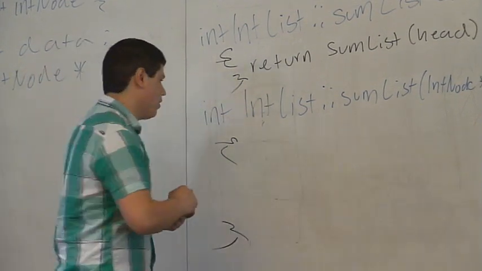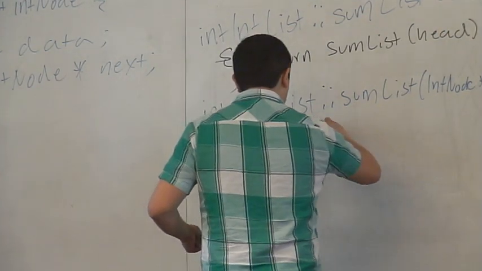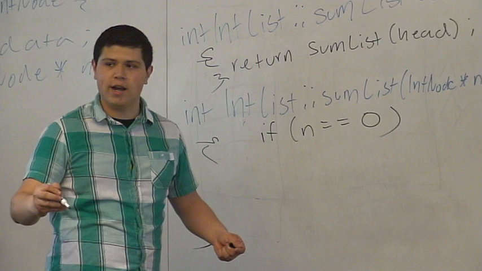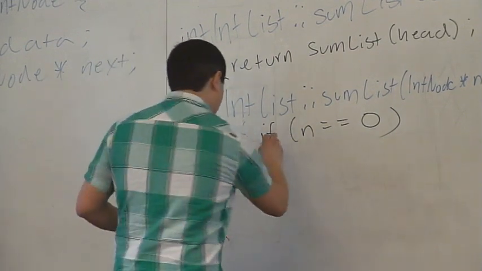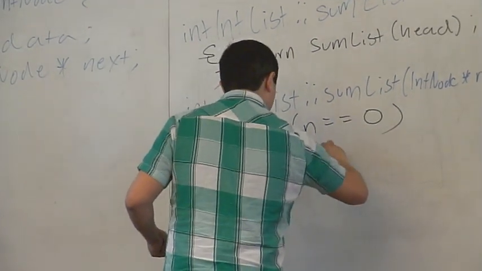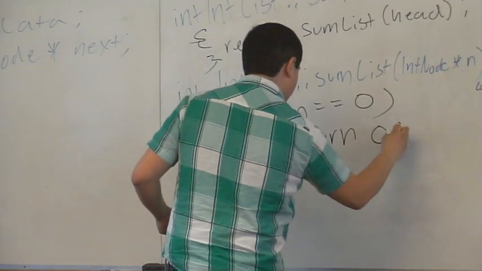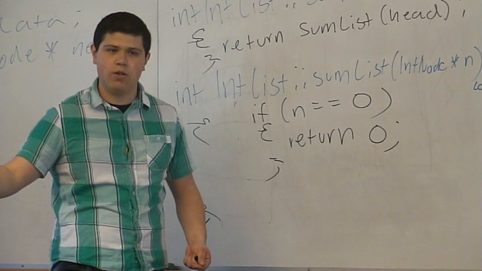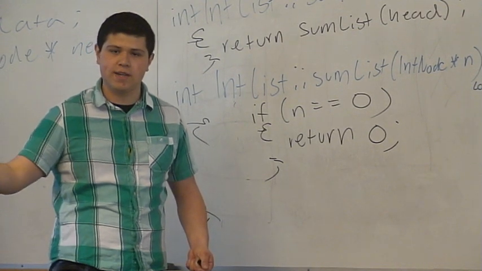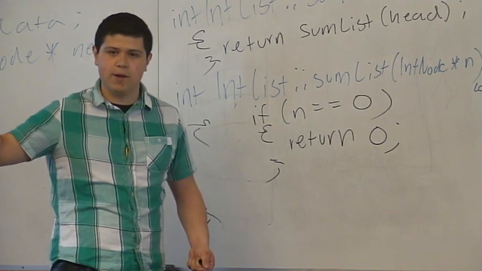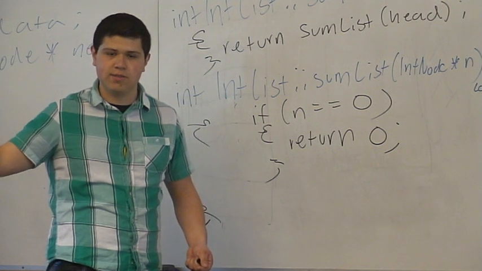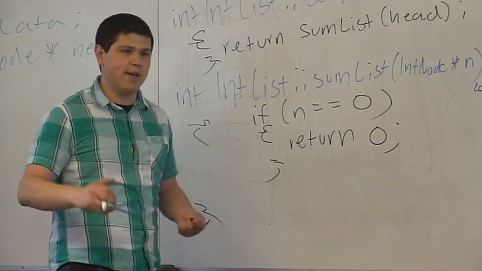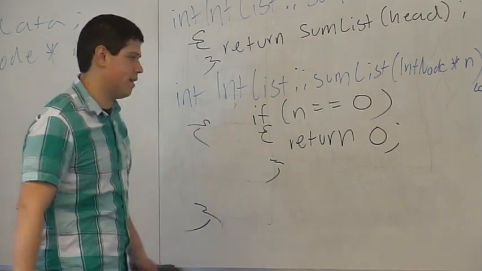So I can have one where if n is the null address, I can return 0. And the other base case is if head is pointing to tail, then return the tail's data. Or if n is going to tail, return the tail's data, but that's going to ignore the case where the list is empty. So let's just say that an empty list has sum 0, which makes sense.